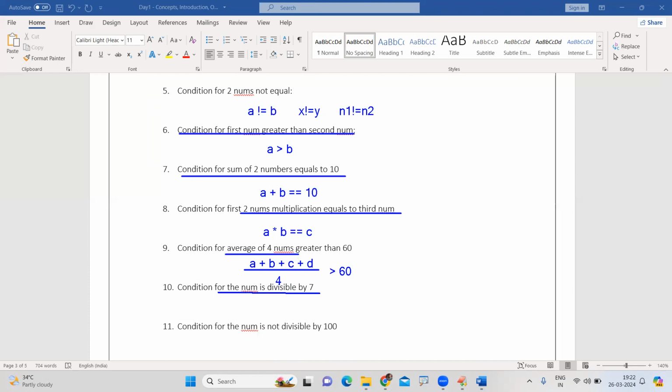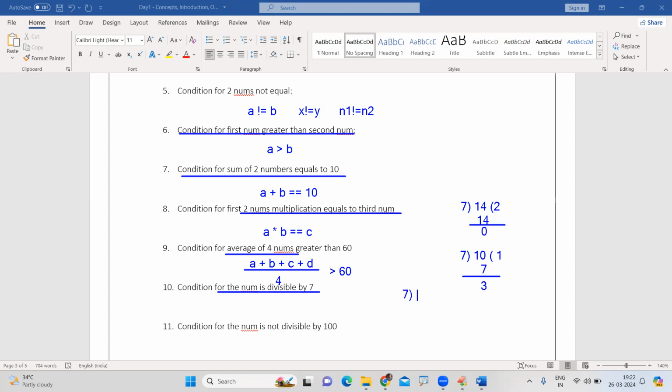Check the number is divisible by 7. Suppose if I am giving 14, 2 times 7 is 14, remainder will be 0. Next one is 10: one time is 7 and the remainder is 3.